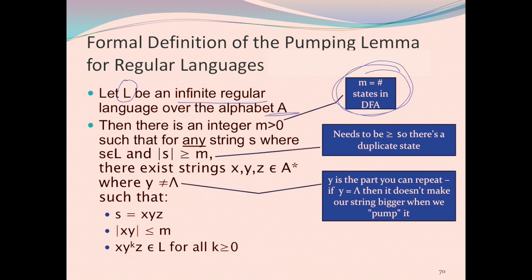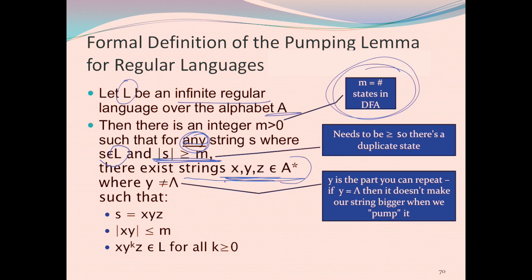Such that for any string s, where s is in my language, and the length of s is at least as long as m. And we need it to be at least as long as m. Why? Well, you know why, because we need to have some double. If we have that, then we can split s into x, y, and z. X, y, and z have to be strings in my alphabet.